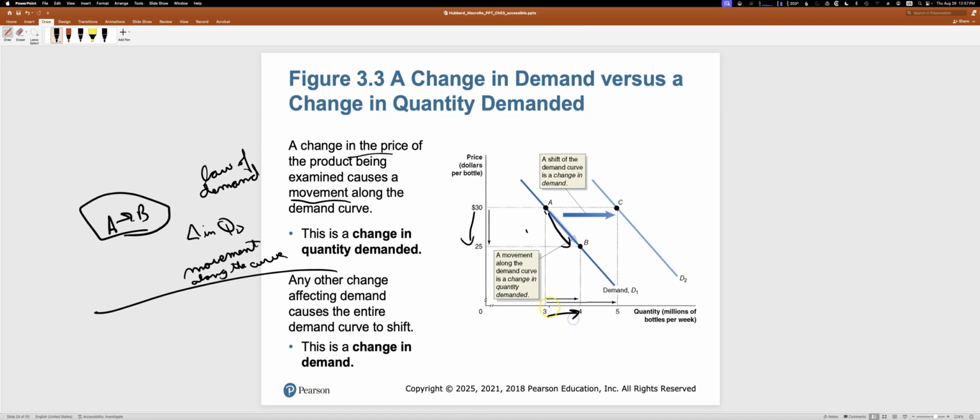I'm going to buy more of them because it is cheaper. So if you use the words, the quantity demanded changed, or in this case specifically, that the quantity demanded increased, because that is what's happening here. That quantity demanded increased.